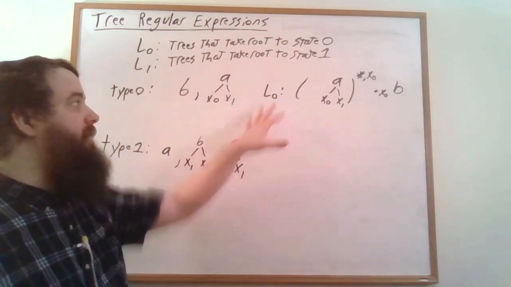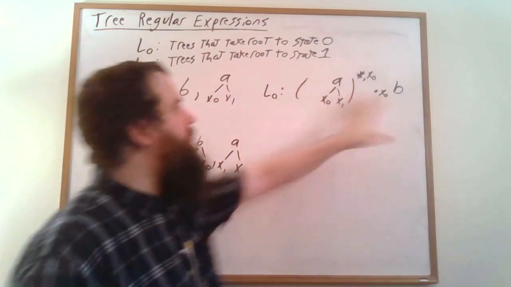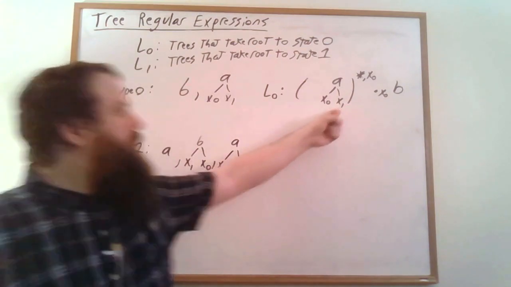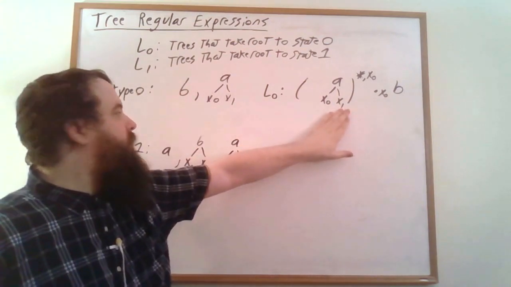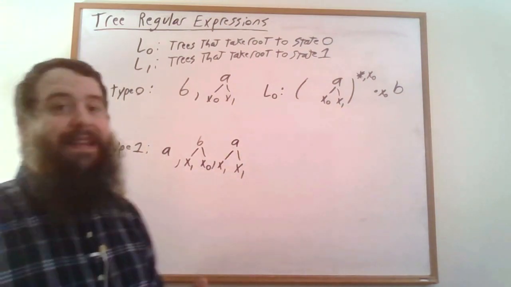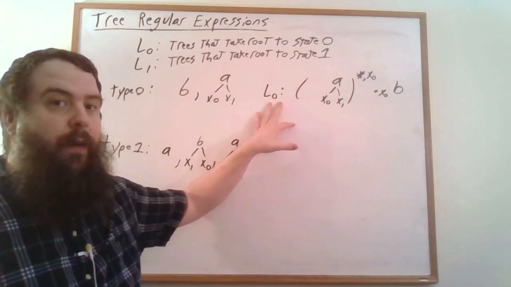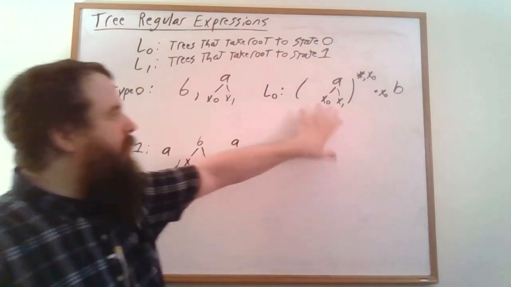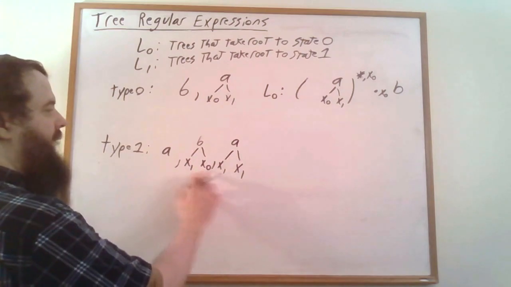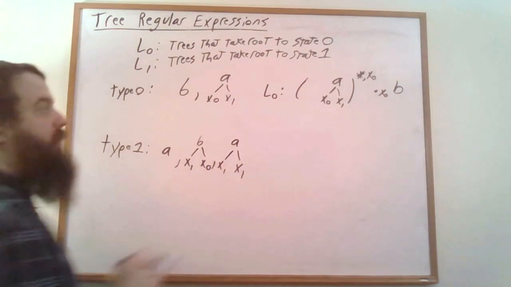This isn't going to exactly be L0 because the leaves on many of these trees in this language here are going to have x1s on them. But when we do the replacement of these x1s with pieces of type 1, then we're going to get L0. So this is kind of an expansion of L0. Now that we have this expression for L0, we can replace any instance of x0 by expressions of that form.